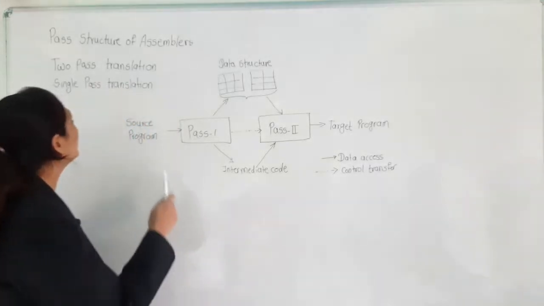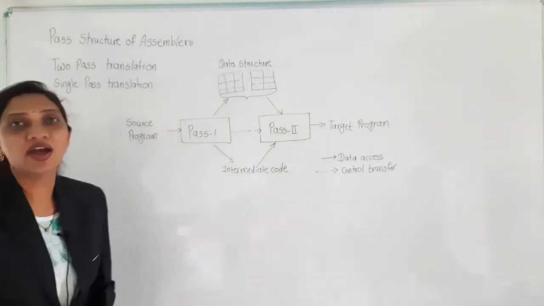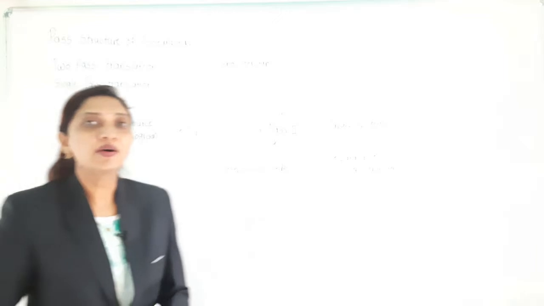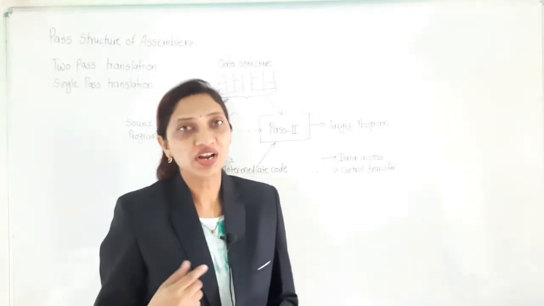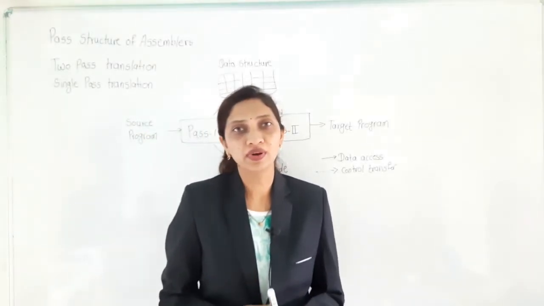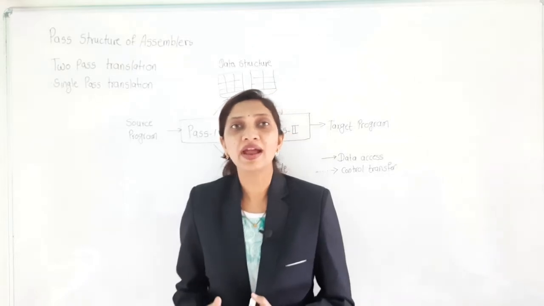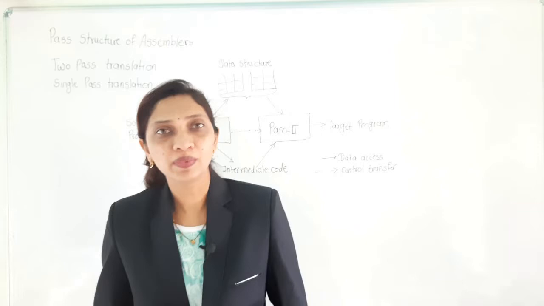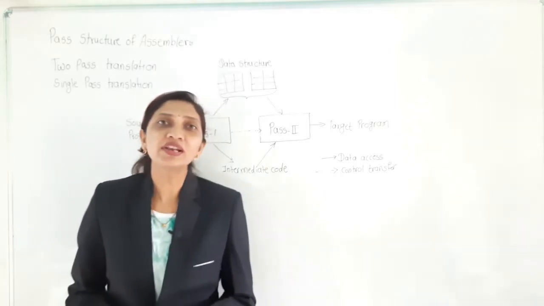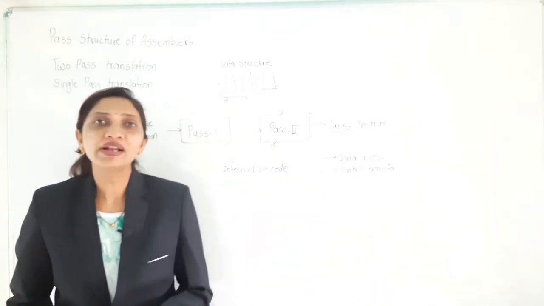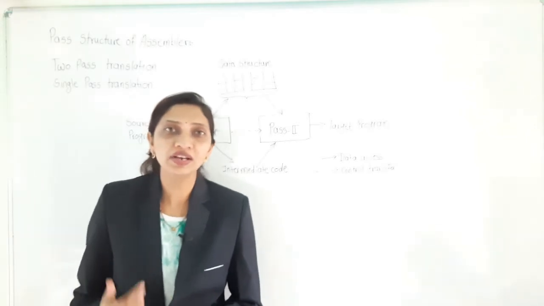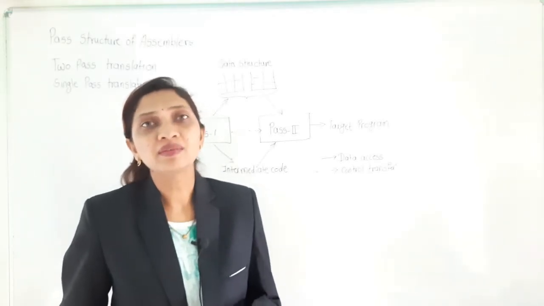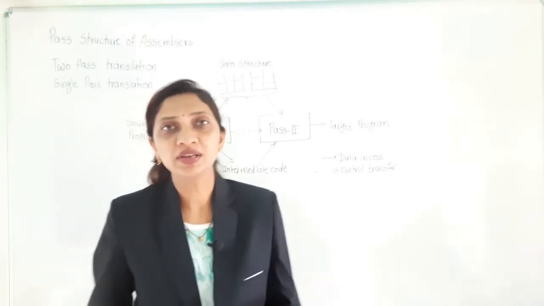Today we learn about the pass structure of an assembler. When a language translator translates a program, it may use multiple passes. But if it uses multiple passes, it will take much time to process the program.